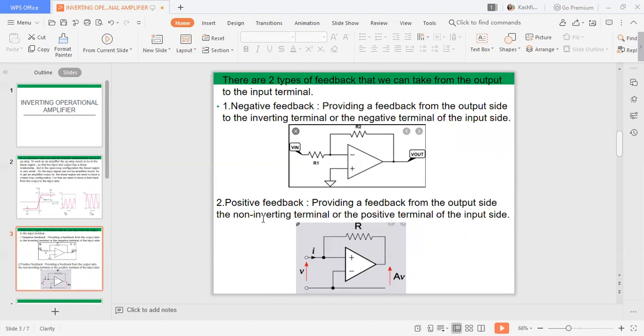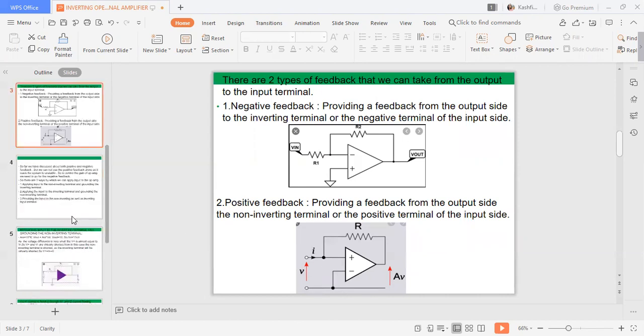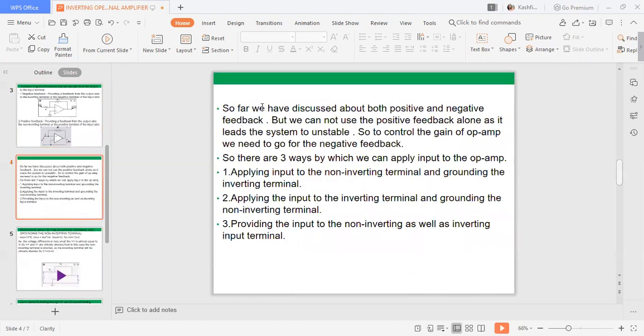Positive feedback is providing a feedback from the output side to the non-inverting or positive terminal. Next, we have discussed both positive and negative feedback. But we cannot use positive feedback alone as it leads the system to become unstable. So to control the gain of the op-amp, we need to go for negative feedback.